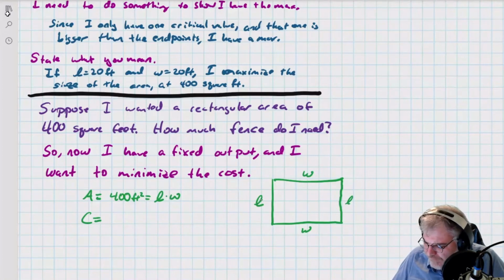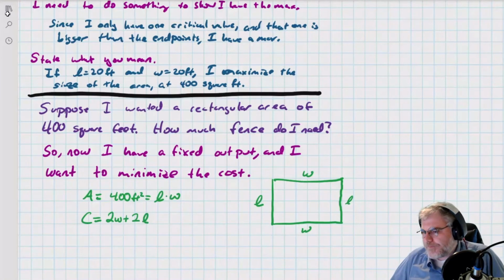I need fencing for this, so I've got 2W plus 2L, just as I did before, except now this is a variable. Well, how would I set this up in Excel?